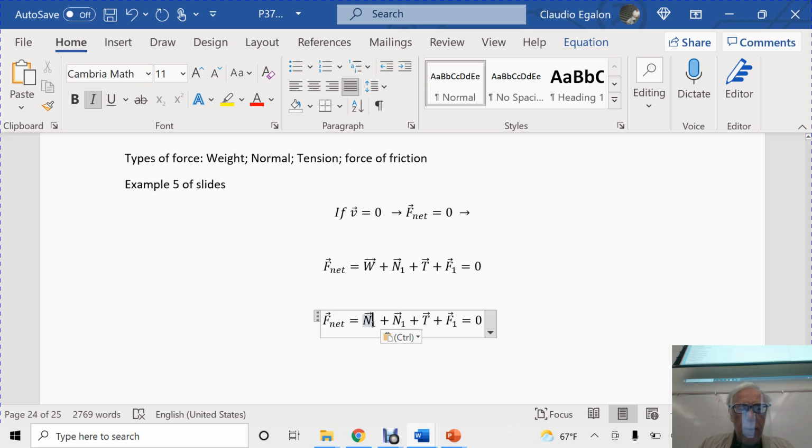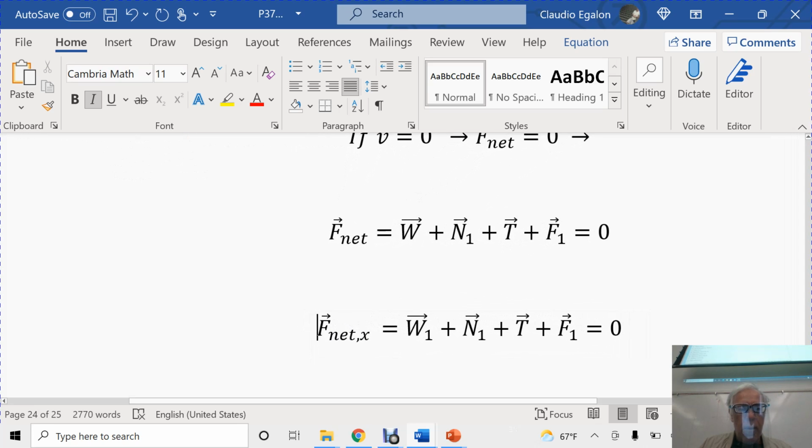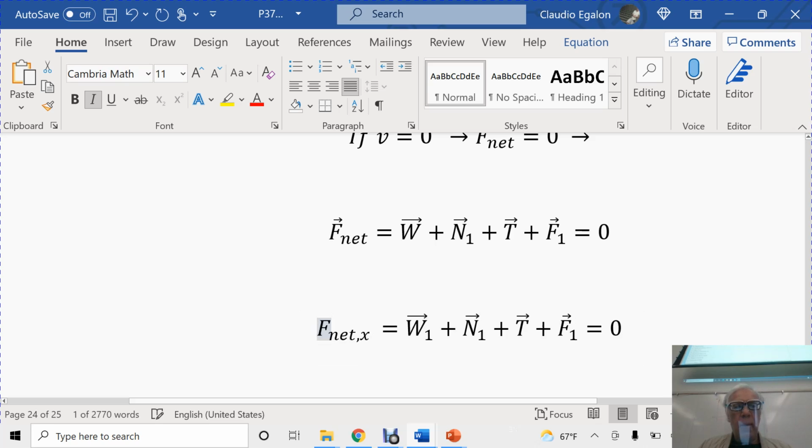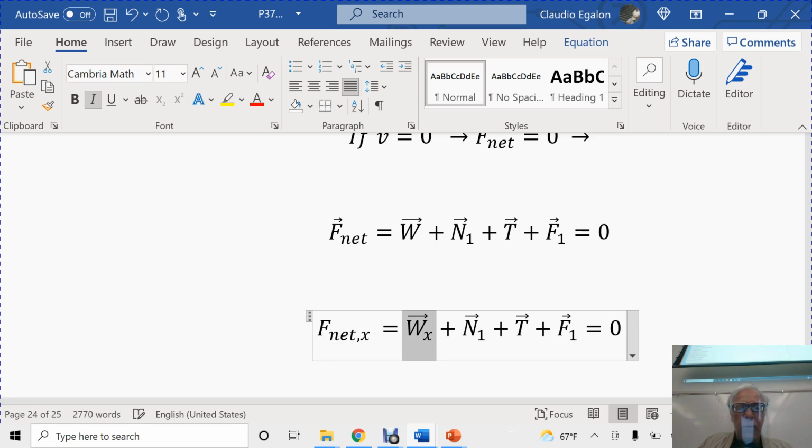Net force, the x component of the net force. And I'm going to write all of that in scalars now to make things simpler. Net, that's going to be Wx, and then we're going to find out exactly what the value of Wx is. That's easy to figure out.